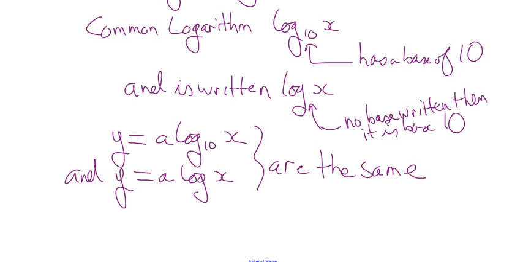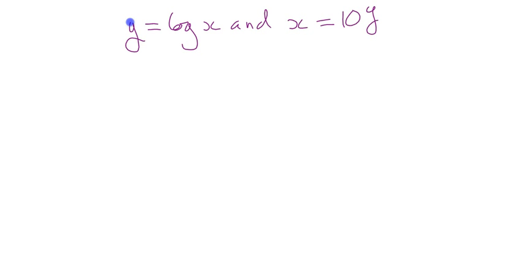Let's go to a new page. So y equals log x and x equals 10 to the y are the same function. Okay, they're the same. We saw that on the graph, right? We turned it on, turned it off, turned it on.